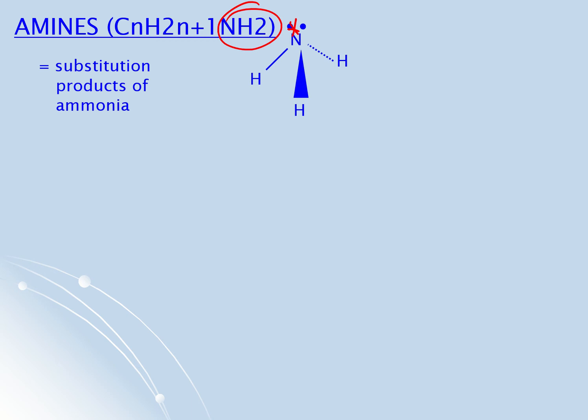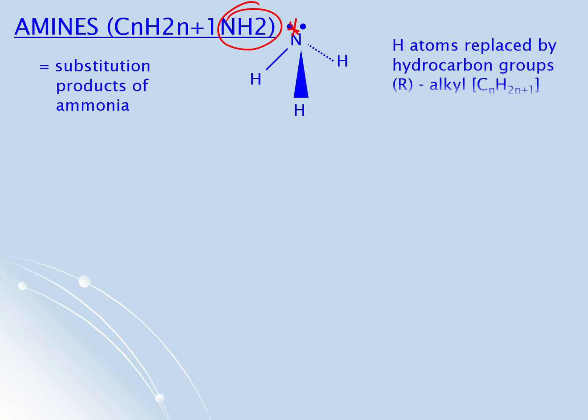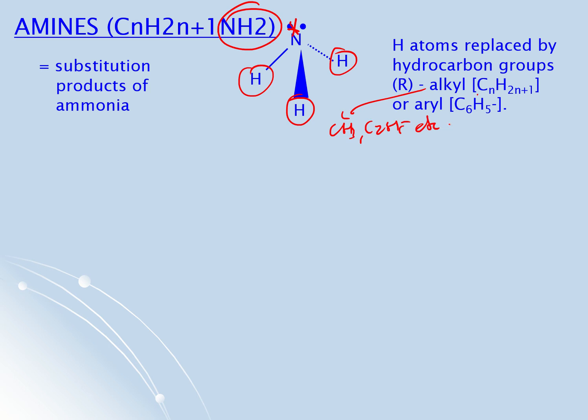So if we take ammonia as so, you can see that in ammonia we will be removing hydrogen atoms and replacing them with either alkyl groups, being your methyl, ethyl, etc., or with aryl groups, which are benzene substituents.